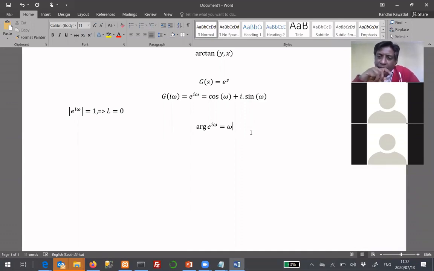So we expect that on the Nyquist plot, we'll see a circle. And on our Bode plot, because we've got L equals 0, L will just be a flat 0. And then our angle, that's just omega. So in principle that would be a straight line. But remember, we are plotting on a log basis also. So anyway, let's try it and see.